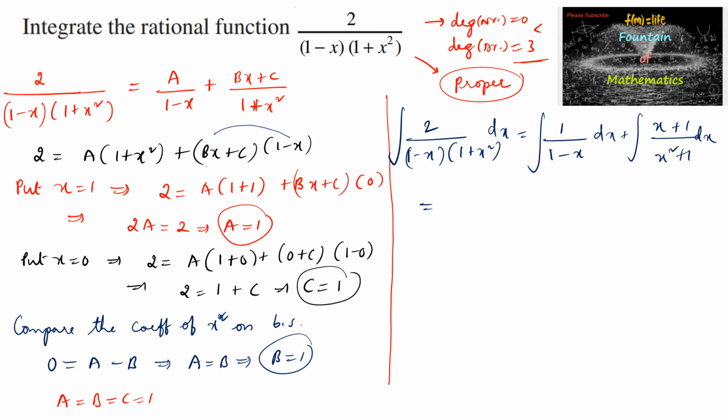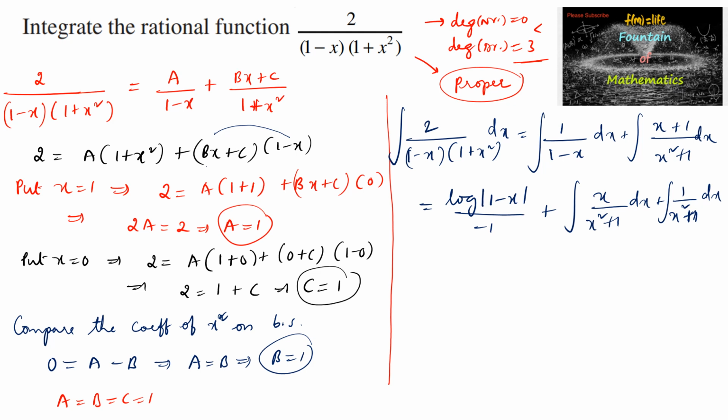Or we can write integration 1 upon 1 minus x is log mod of 1 minus x divided by coefficient of x is minus 1, so I write minus 1, plus again here we can write x upon x square plus 1 dx plus integral 1 upon x square plus 1 dx.